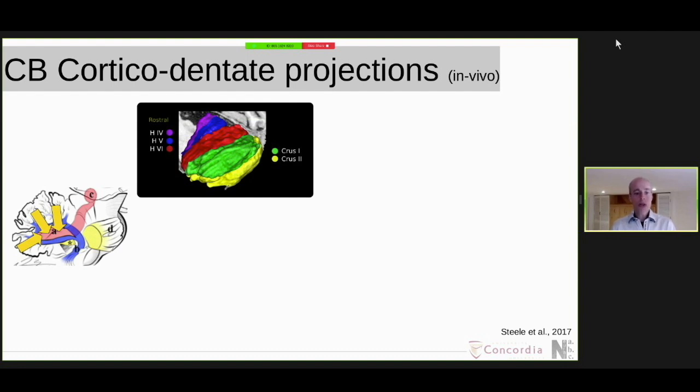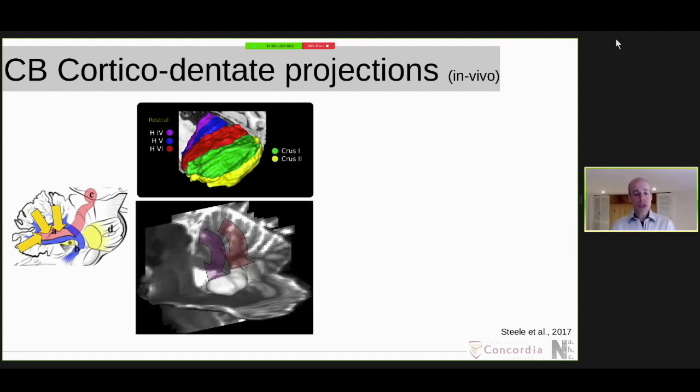We segmented those lobules and computed tractography from them to the dentate nucleus. This is an identified 3D volume of the dentate nucleus. Then we looked at where those streamlines terminated on the dentate nucleus to categorize what the projections were from the cortex to the dentate nucleus.